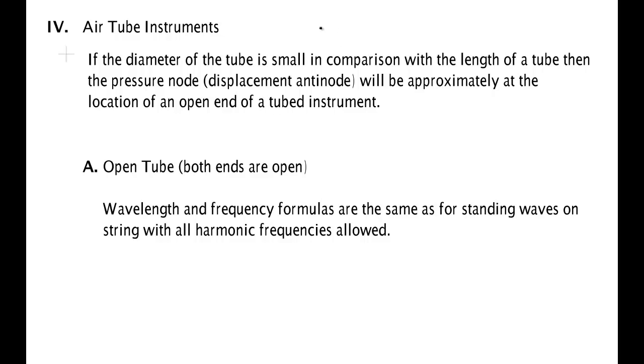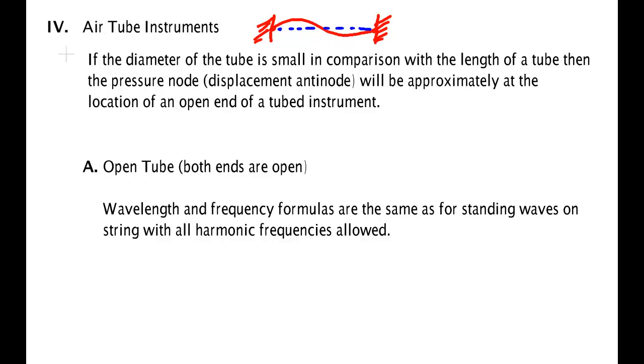Now, you may remember that we had stringed instruments in which you have a string attached to one place and some other boundary, whether that's by a weight or what have you, and only certain wavelengths of the string are allowed because of the boundary condition. In the same way, a tube, whether it's open or closed, provides certain boundary conditions which limits the wavelengths of the pressure waves that can be set up inside of that tube.